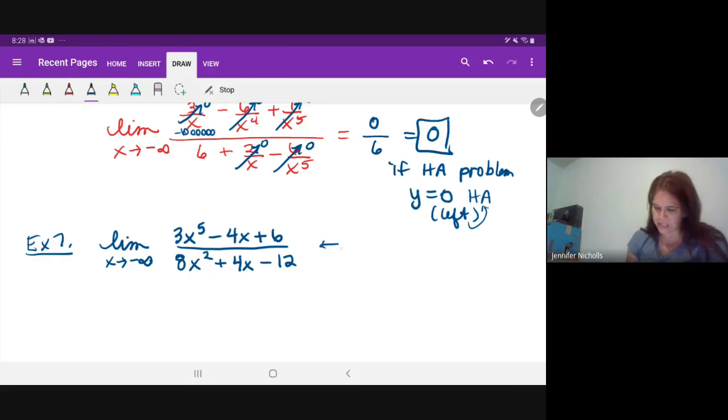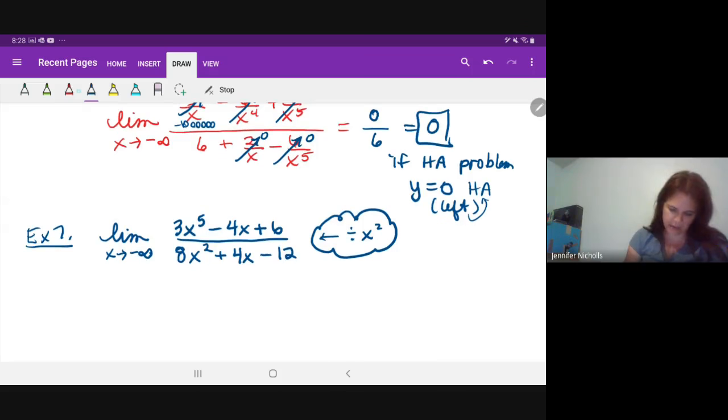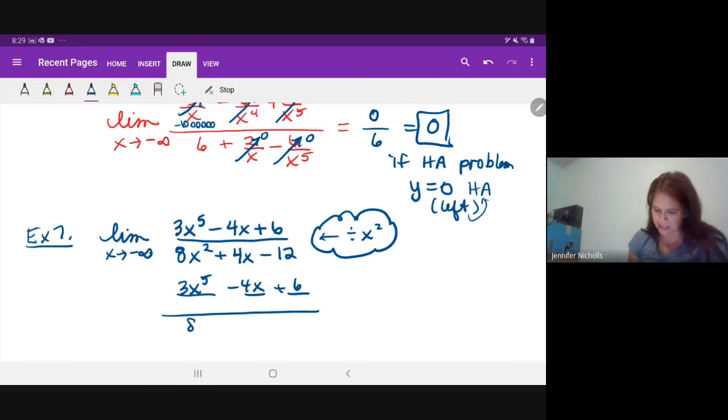So I look at this and I say divide by x to the second, right? Numerator and denominator. So this is what's going on in my head, because I'm approaching infinity or negative infinity. So this is 3x to the 5th over x squared, minus 4x over x squared, plus 6 over x squared, over 8x to the 2nd over x squared, plus 4x over x squared, minus 12 over x squared. And it gets kind of irritating because you're like, why am I showing this step?